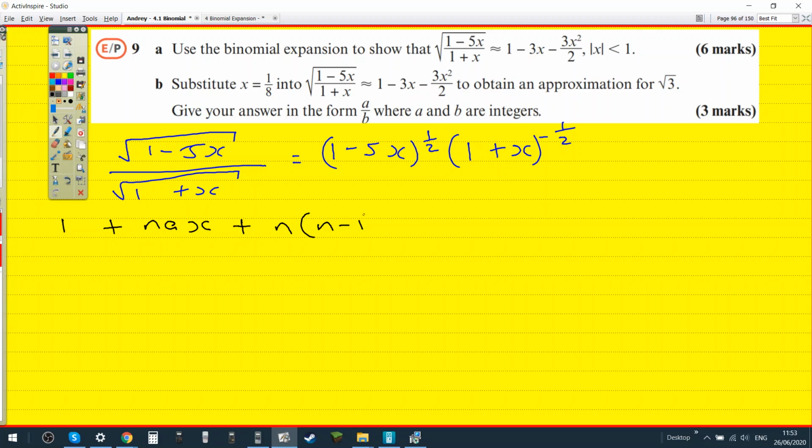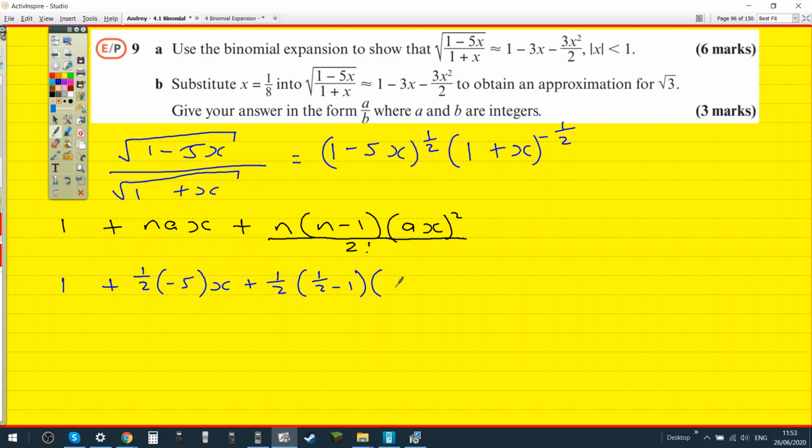So do I now need to do 1 plus half times minus 5x, plus half times half minus 1 times minus 5x squared over 2 factorial? Mm-hmm. And so I'll just put that back out there now. Okay.